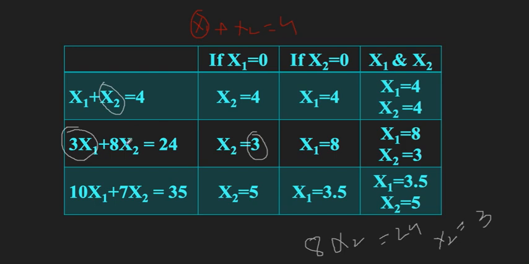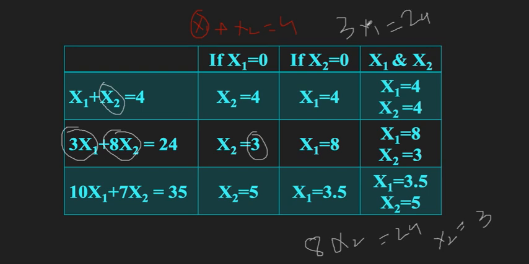Now in the same equation if we put x2 is equal to 0, 8 into x2 is how much? 8 into 0 is 0. Then 3x1 is equal to 24, so we are going to write down here 3x1 is equal to 24, right?